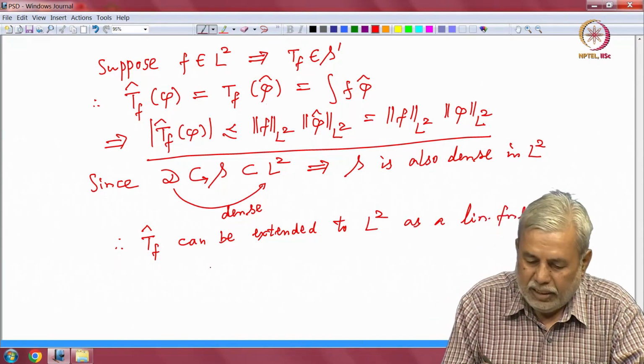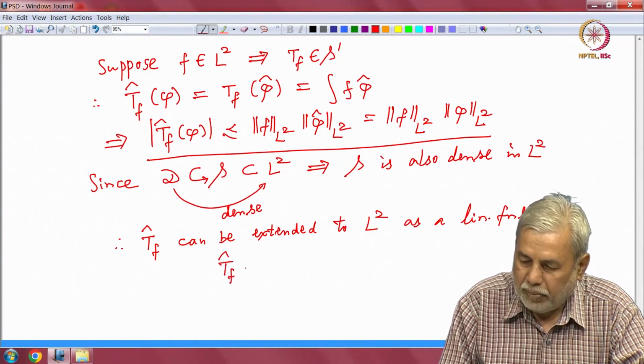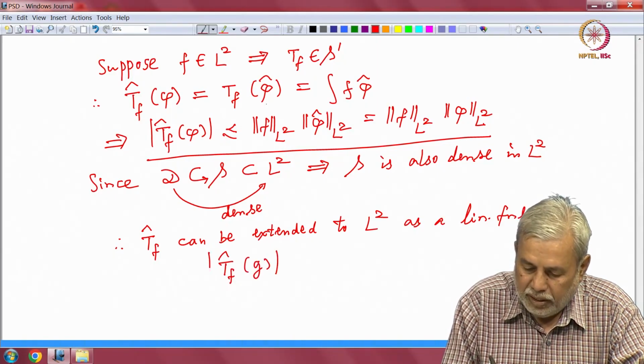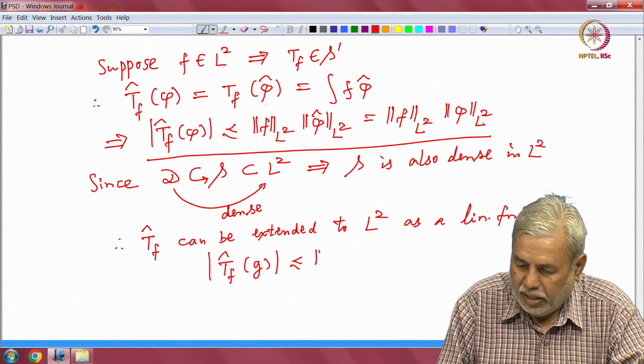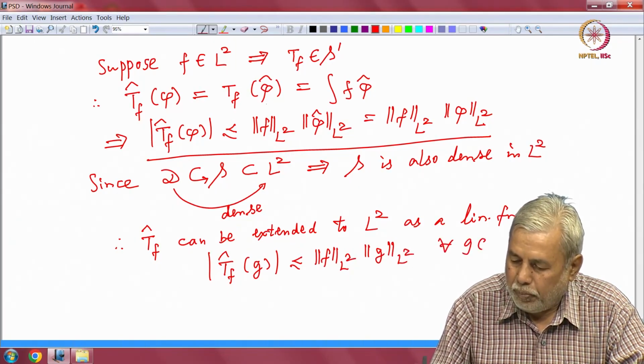So, what we get is, so this T_f hat, let me use g, for all g in L2.